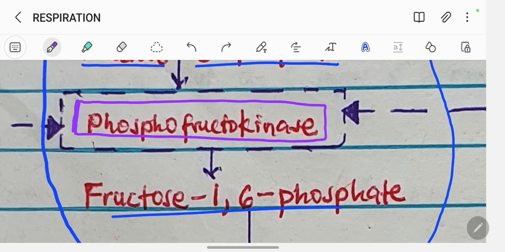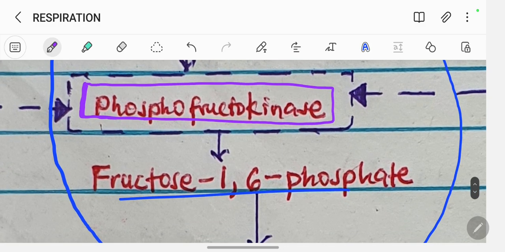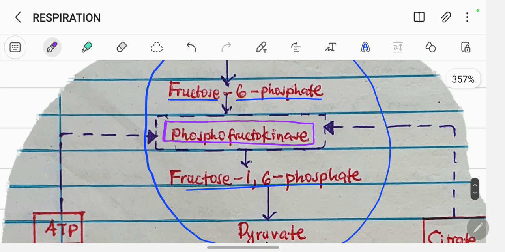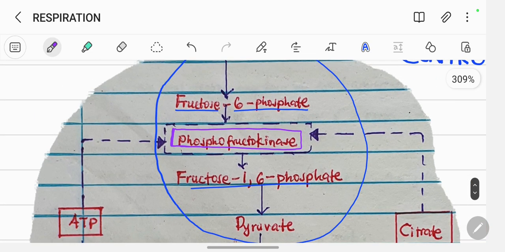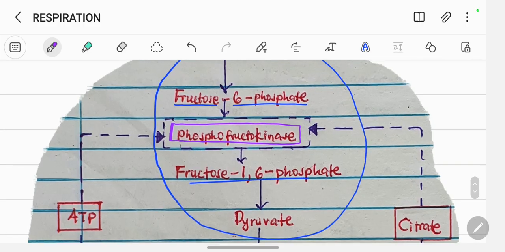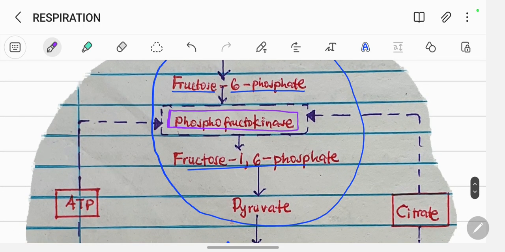All our control is centered on that phosphofructokinase enzyme. It catalyzes the conversion of fructose 6-phosphate to fructose 1,6-bisphosphate.